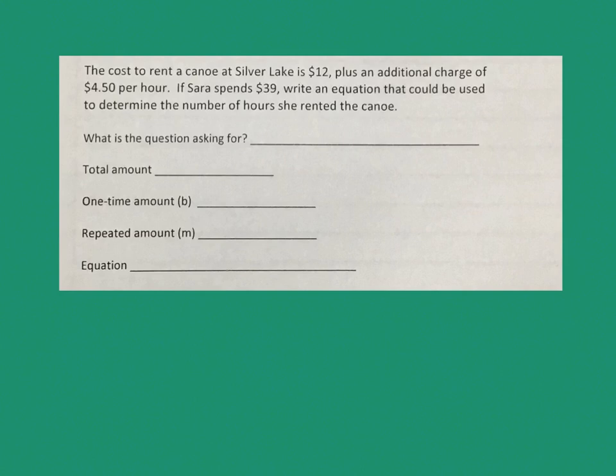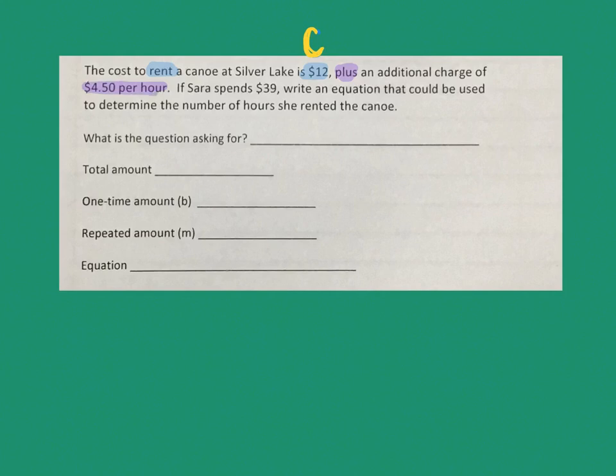So when we start this one, it says the cost to rent a canoe is $12. So my rent fee is $12. I'm only going to pay that one time. So that is going to be my constant. Then as I keep going, it says plus an additional charge of $4.50 per hour.